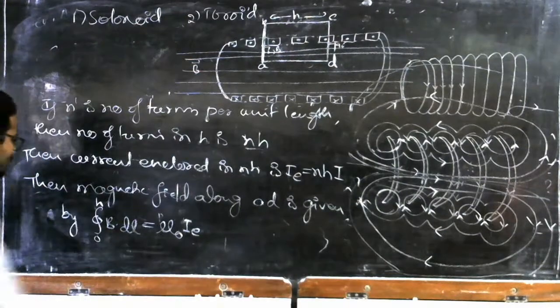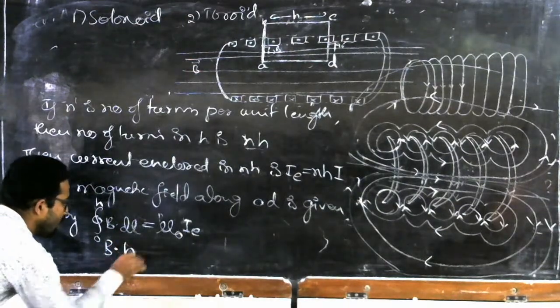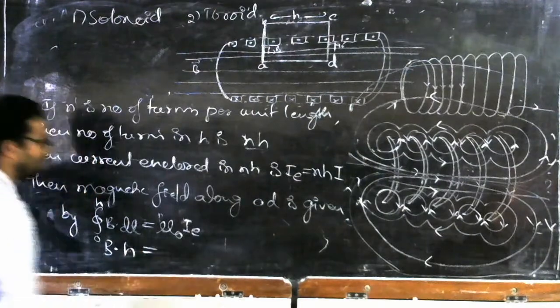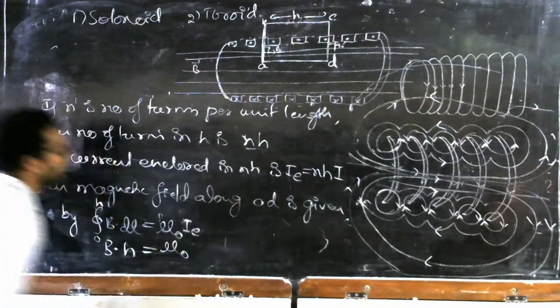Now, if you integrate this, you get B into h, which is equal to mu naught times I enclosed.